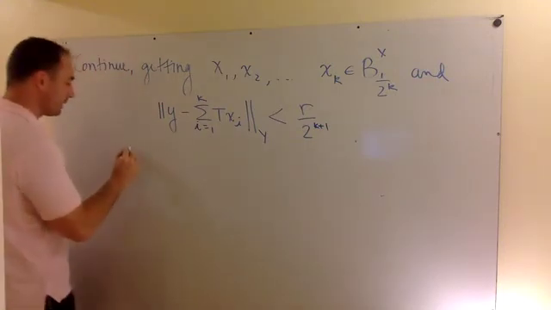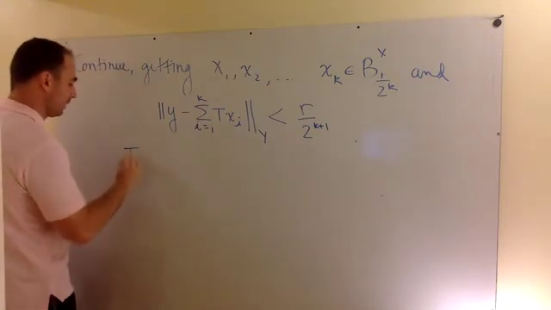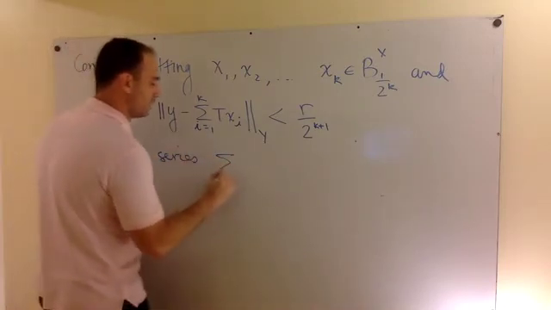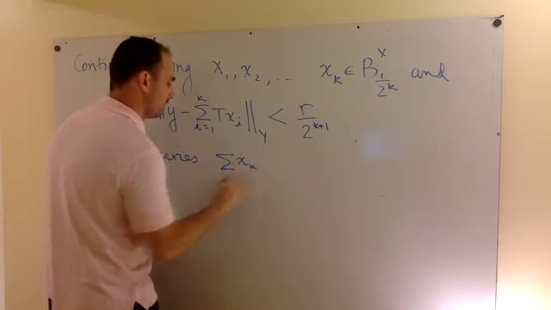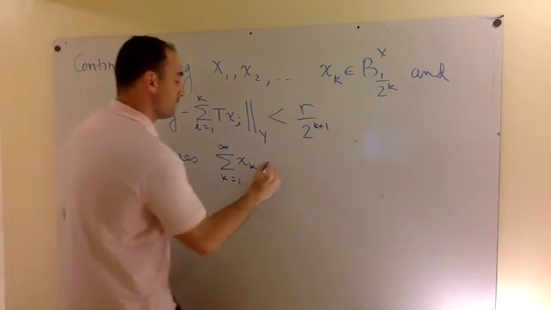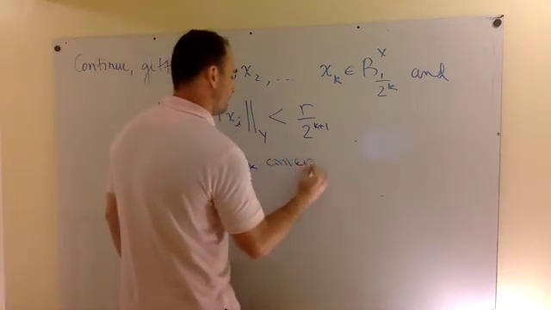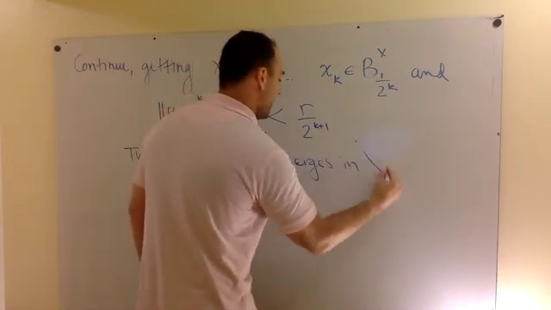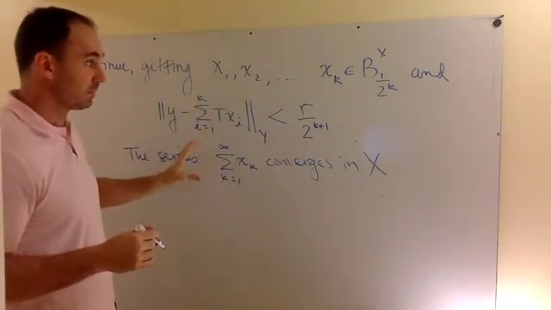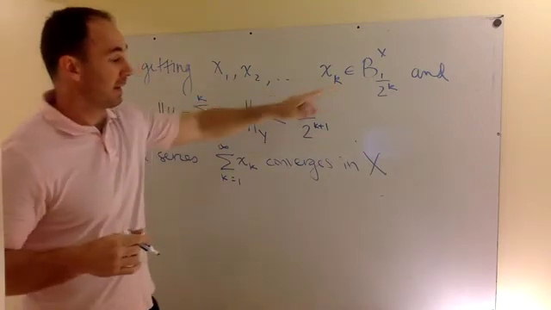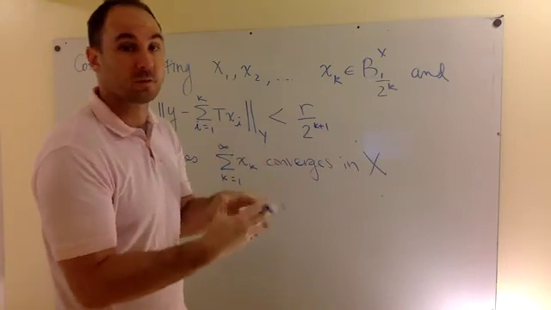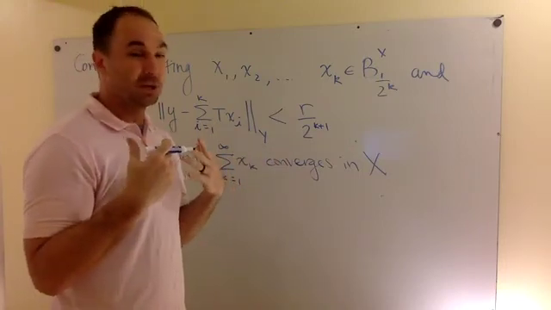First off, this infinite series converges in X. Why? Because if you look at the partial sums and the fact that these guys are getting small in norm, and actually geometrically small in norm, that series is going to be Cauchy.